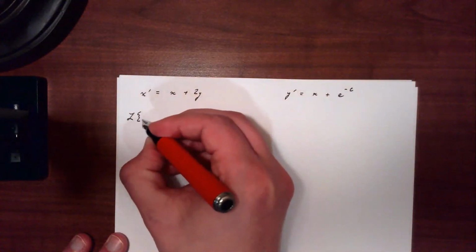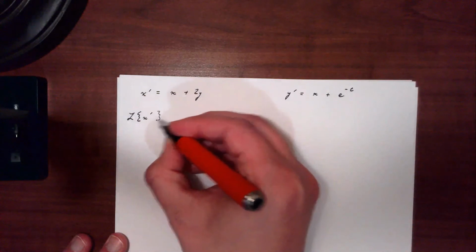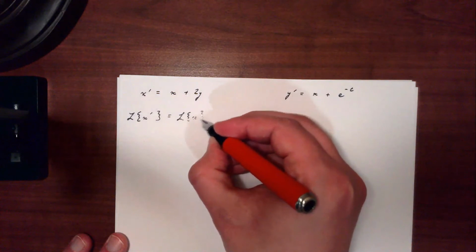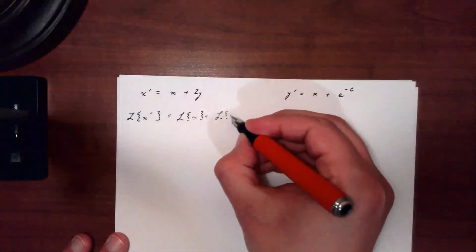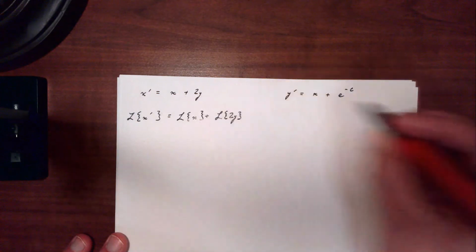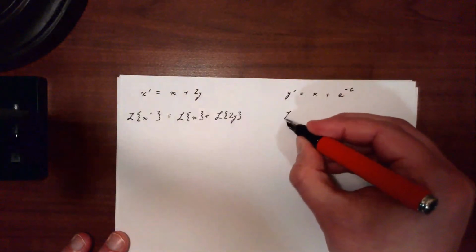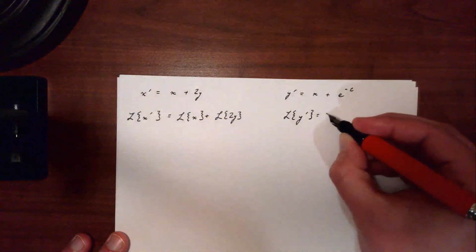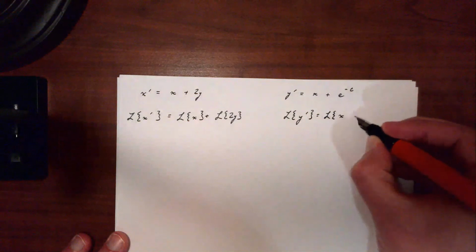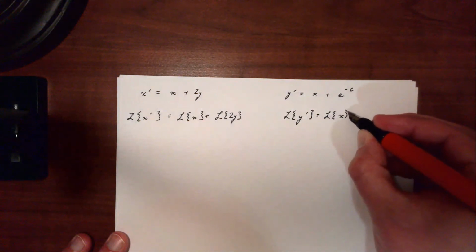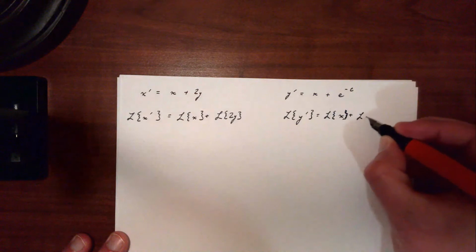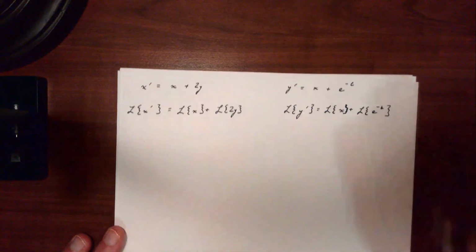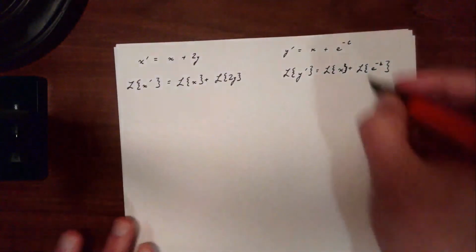So the Laplace transform of x prime is equal to Laplace transform of x plus Laplace transform of 2y. Here, the Laplace transform of y prime is equal to Laplace transform of x plus the Laplace transform of e to the negative t. Alright, and we follow each of these where they lead us.